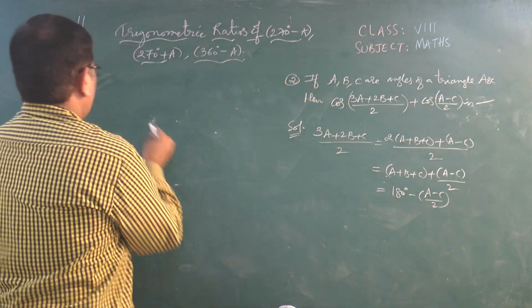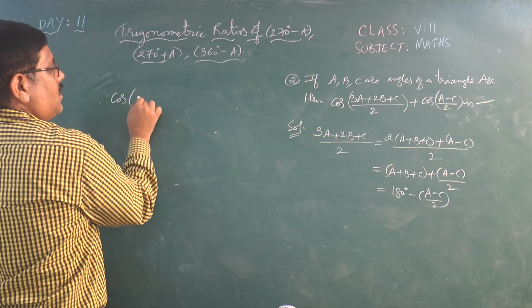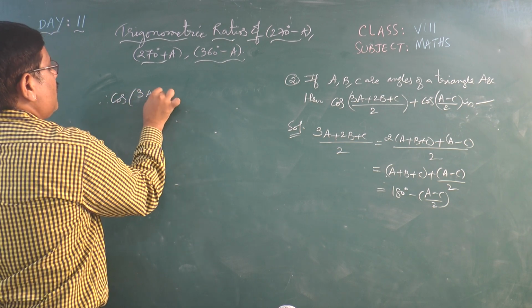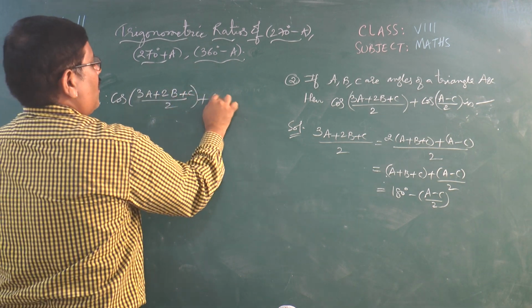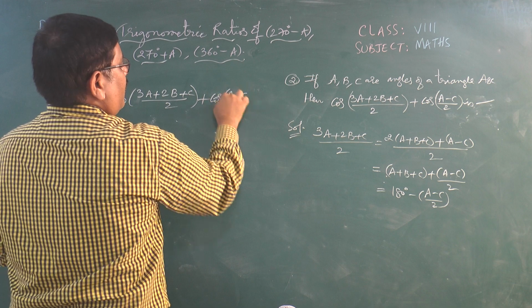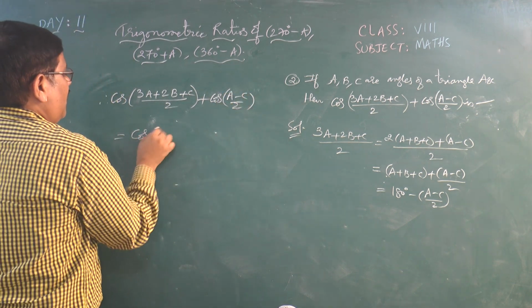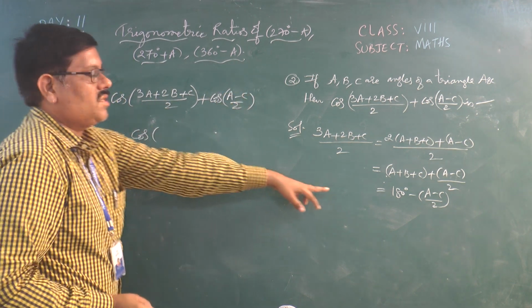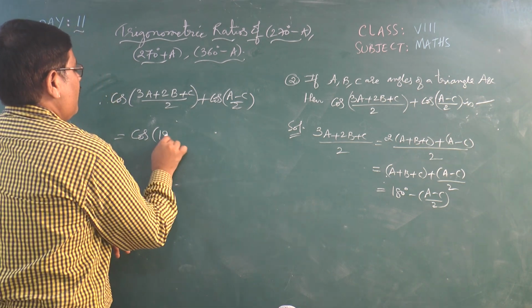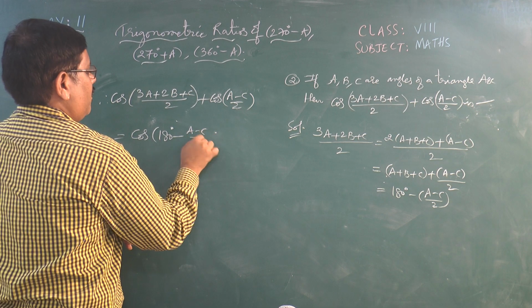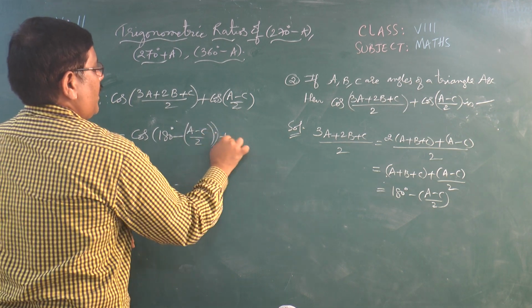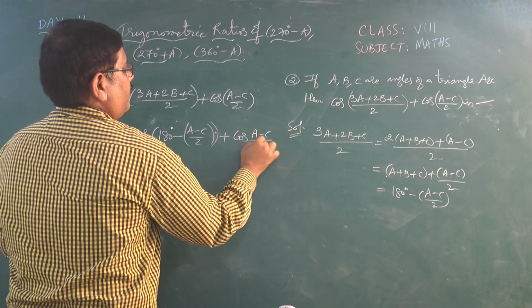Now, let us take the problem. Therefore, cos of (3A plus 2B plus C) by 2 plus cos of (A minus C) by 2: just now we have proved the first term is equivalent to cos of (180 degrees plus (A minus C) by 2), plus cos of (A minus C) by 2.